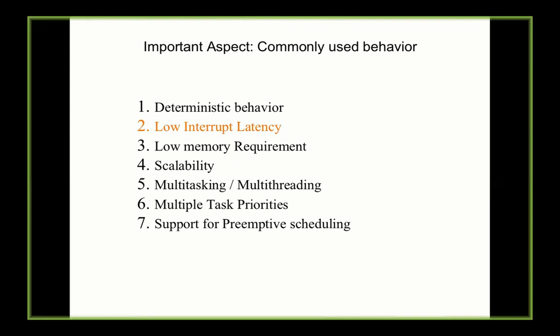Okay. Now we have to understand, among all of them, deterministic behavior first. So I think you all know what we mean by deterministic behavior. Deterministic behavior you can think of as the predictability of the system. Okay. So can you determine the runtime aspects of an application which is run?